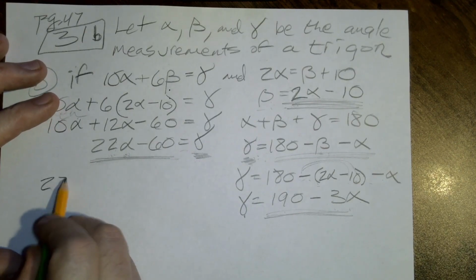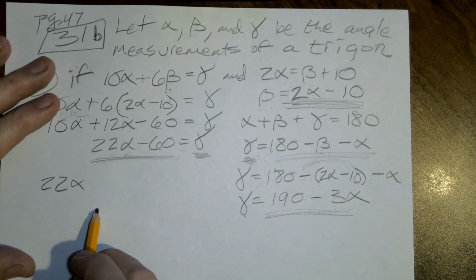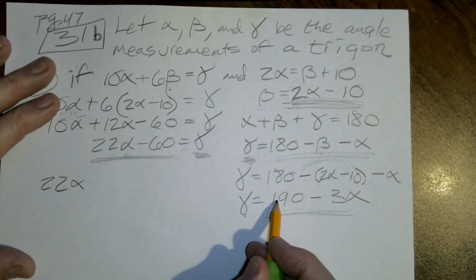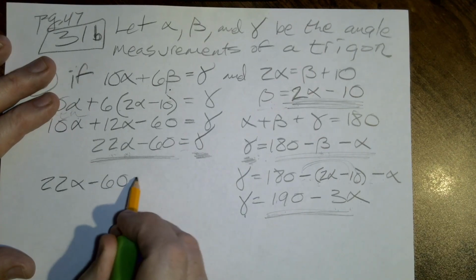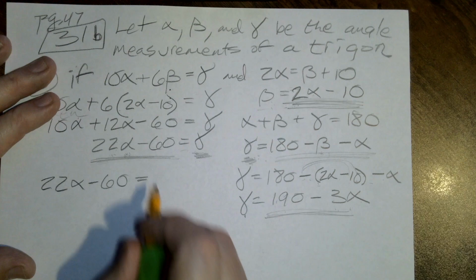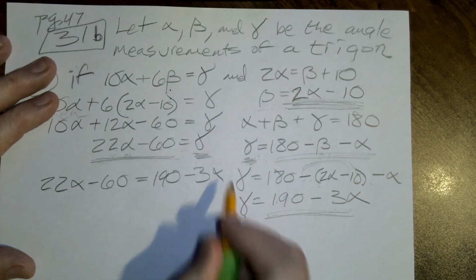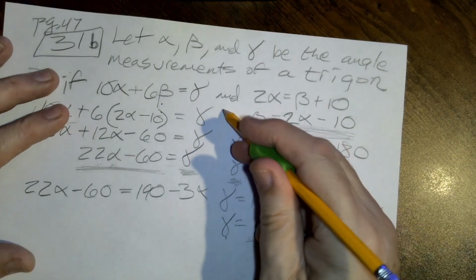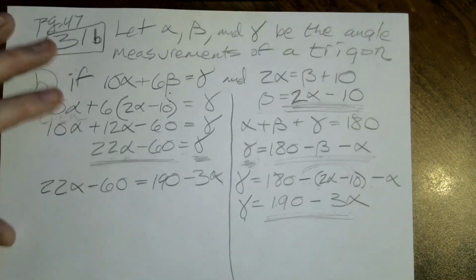Here's another gamma equation solely in terms of alpha. So it'll be real productive to set these equations equal to each other. So 22 alpha minus 60 equals 190 minus 3 alpha.